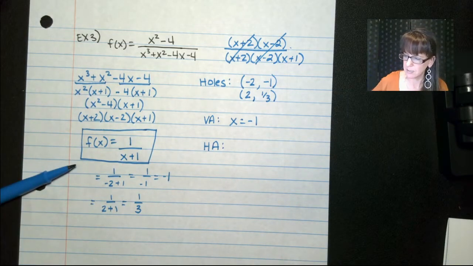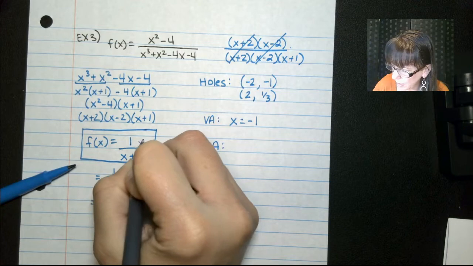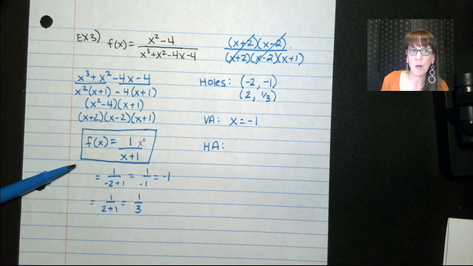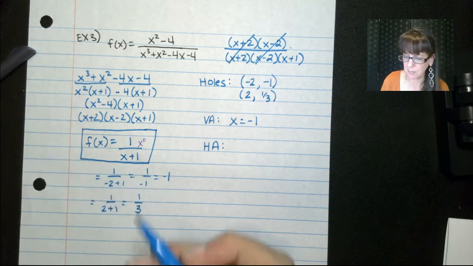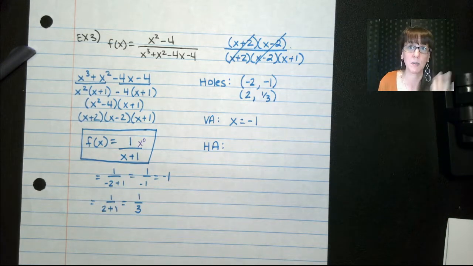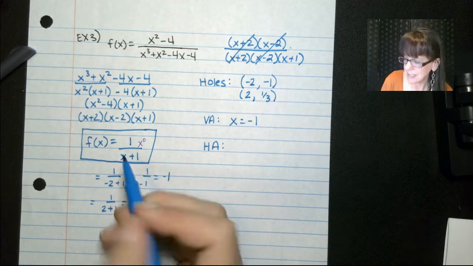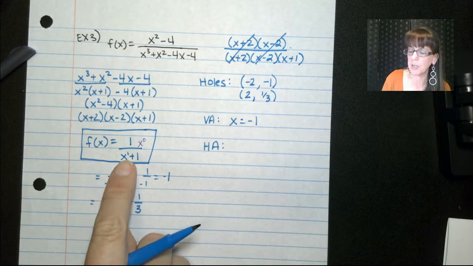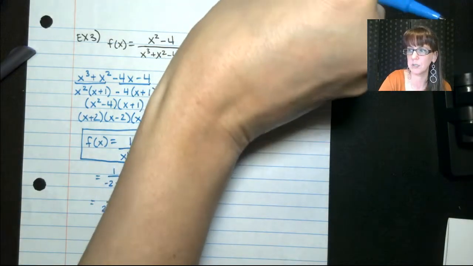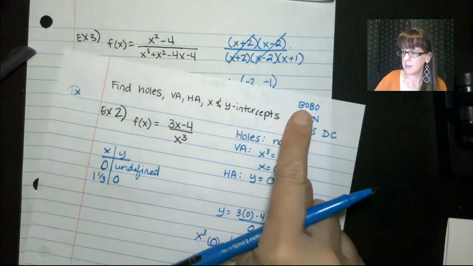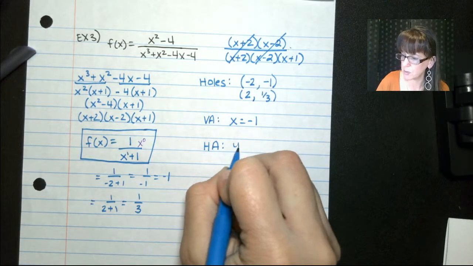If I do this, x to the 0 power, because anything to the 0 power is 1, and I'm allowed to multiply anything by 1, because 1 times 1 would just still be 1. In this case, this is to the 1 power, so it means it's bigger on bottom. Let's use our notes here. Bigger on bottom means that it's going to be 0. So my horizontal asymptote is y equals 0.